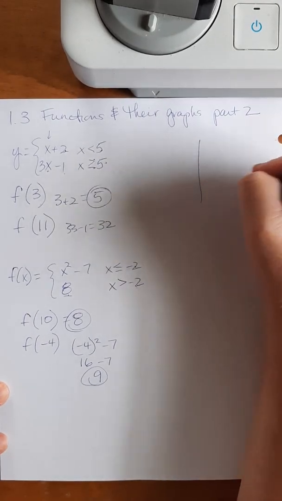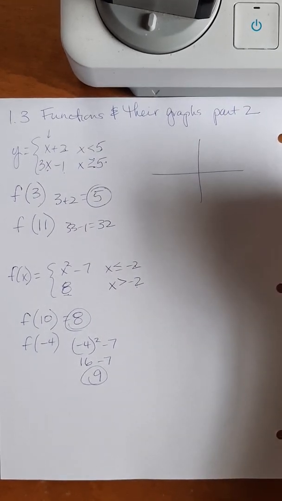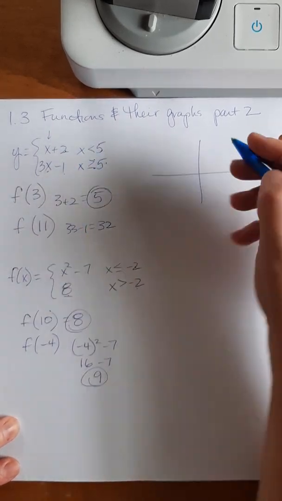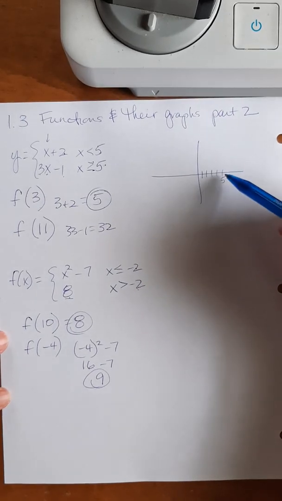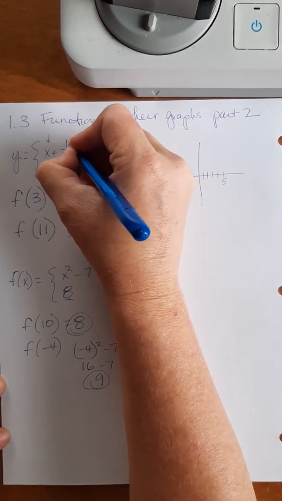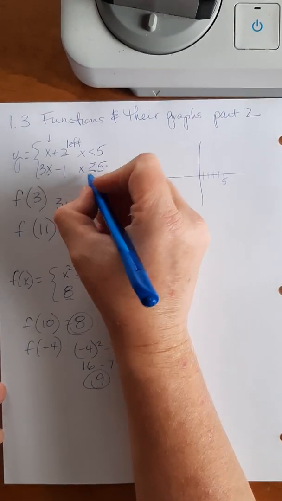Now let's graph these. The best way that I can explain how to graph these is 5, like on this one. 5 is the pivotal point. 5 is the point where this graph is going to change. x plus 2 is going to be to the left of 5.